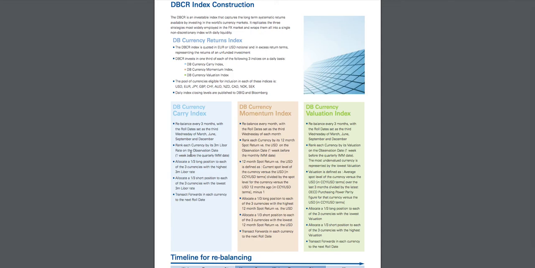Now the problem with going by 3-month LIBOR if you're a retail trader is LIBOR isn't that easily accessible to FX traders. So an alternative would be short-term government securities.